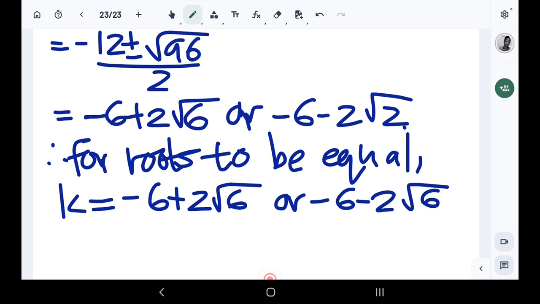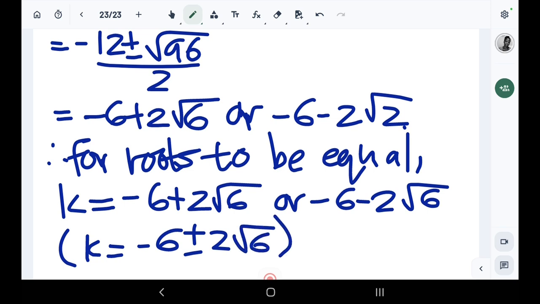We can write this as minus 6 plus or minus 2 root 6. And that is the answer to the question.